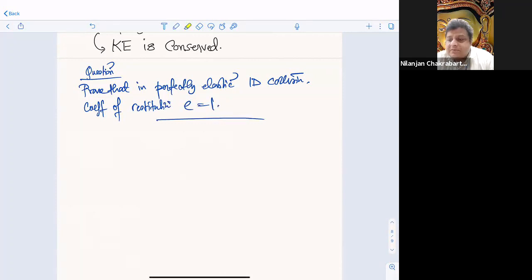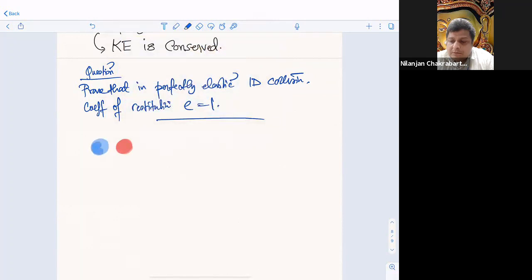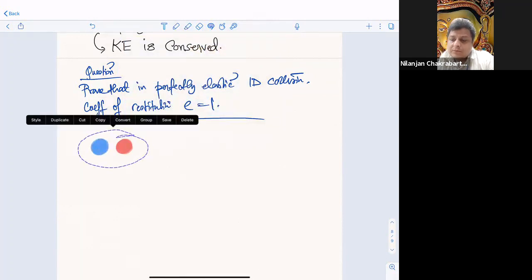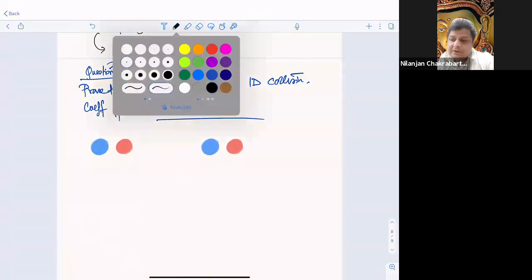So thing is very simple. Consider two bodies. Consider two bodies before and after collision.